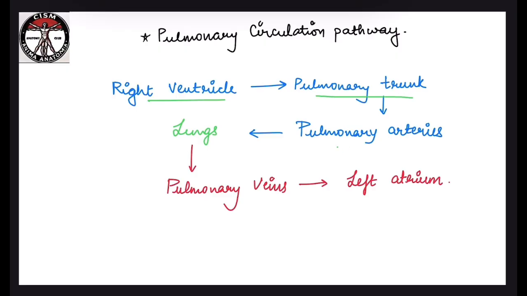Further, it is transported to the pulmonary arteries and then to the lungs. In the lungs, the deoxygenated blood is converted into the oxygenated blood and then transported to the pulmonary veins. The pulmonary veins transport the oxygenated blood back to the heart, to the left atrium.